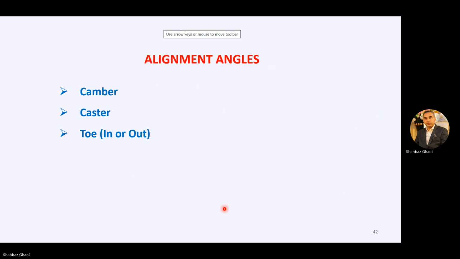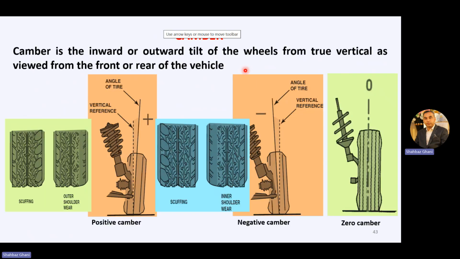Now, alignment angles. There are basically three alignment angles: the camber, caster, and toe-in or toe-out. First is your camber. Camber is the inward or outward tilt of the wheels from the true vertical axis as viewed from the front or rear of the vehicle.